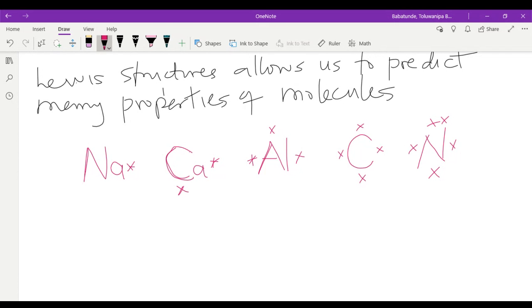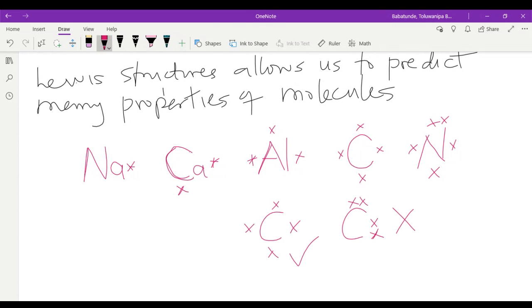But you need to take note that whenever you're distributing your valence electrons, you have to distribute them all around before you pair. You do not write carbon this way, with 1, 2 paired. Even though carbon has 4, you do not do it like this. This is wrong. This is correct.